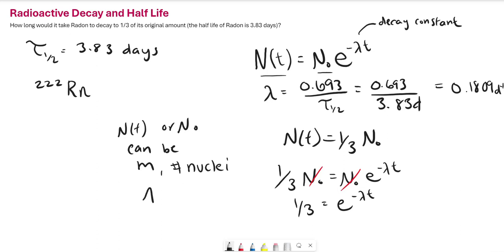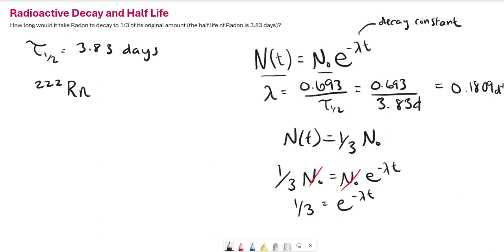It can also be the activity, A. So if you're given units of mass, or the number of radon nuclei, or the activity in disintegrations per second, any of those can be used for this N of t and N naught. Of course, they have to be consistent, but the equation works in any of those cases. I hope that makes sense. But in this case, it doesn't actually matter what it is because N naught cancels out.